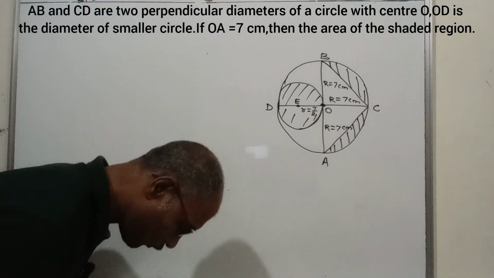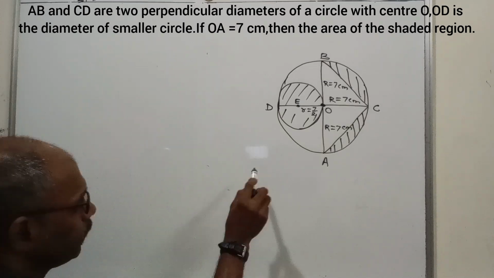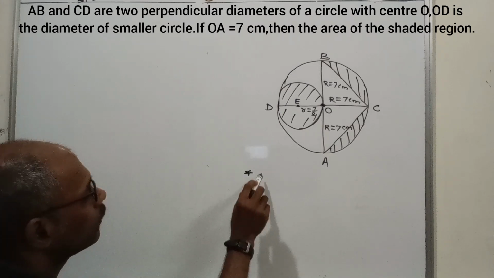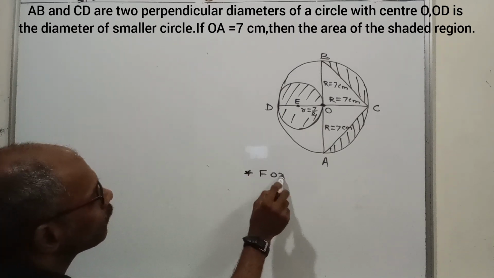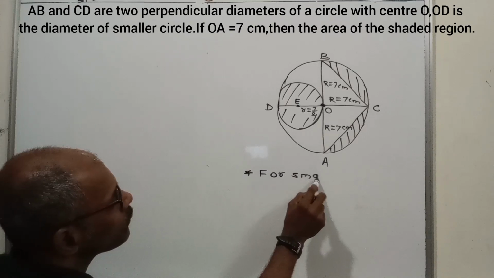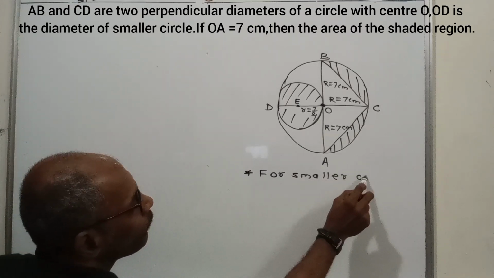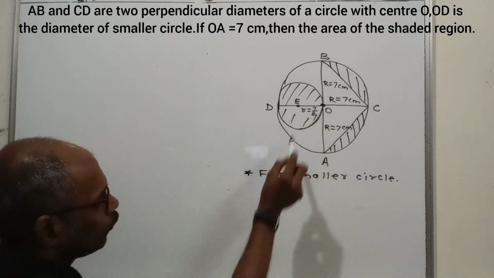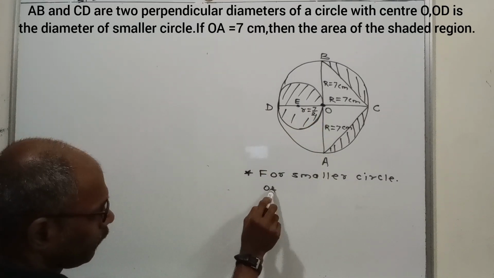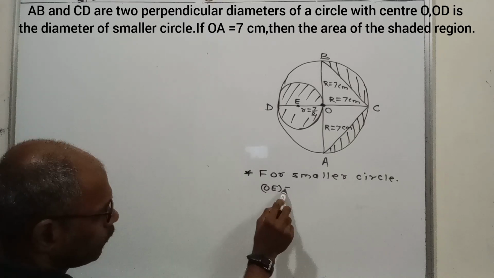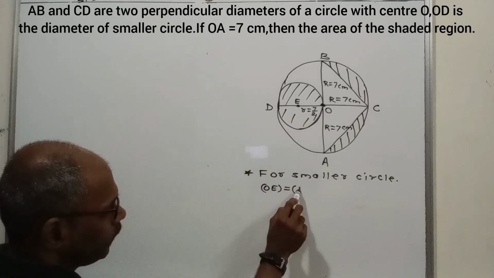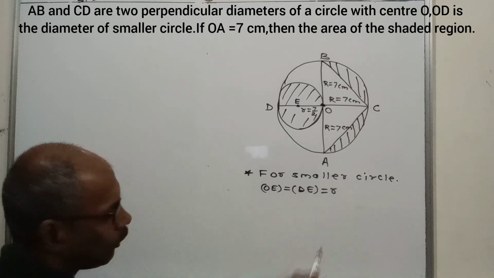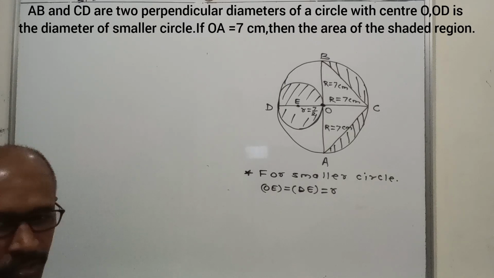First of all, we will find the radius of the smaller circle. OE is equal to DE is equal to small r.